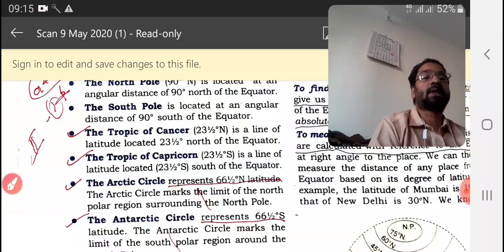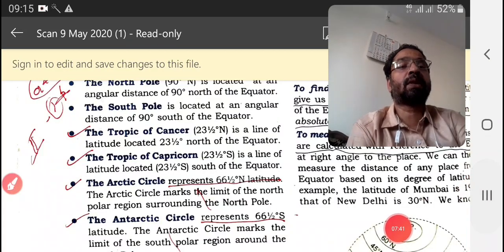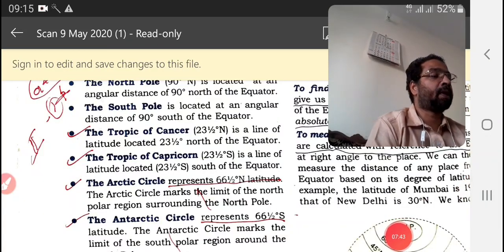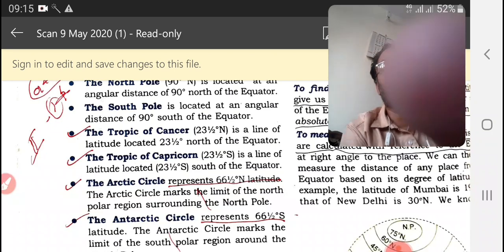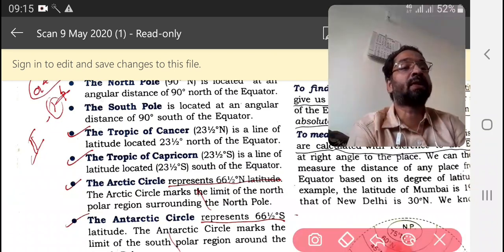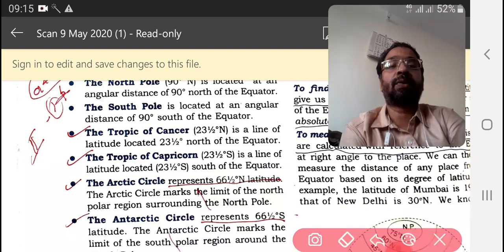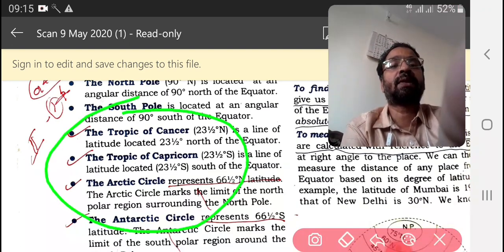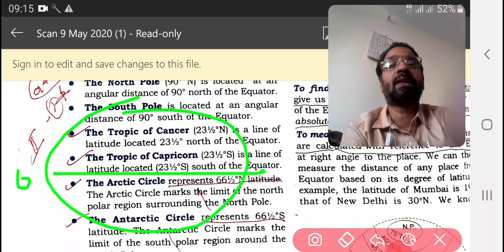And now let us go to the uses of latitude. Latitude is used to find the location of a place. Suppose this is the Earth, then we have 0 degree, then after that 1 degree another latitude, then another latitude.